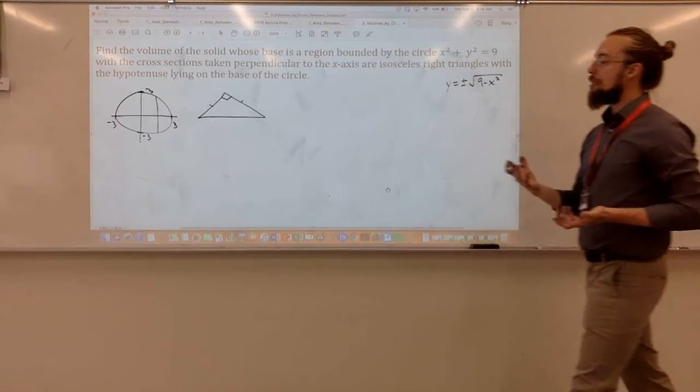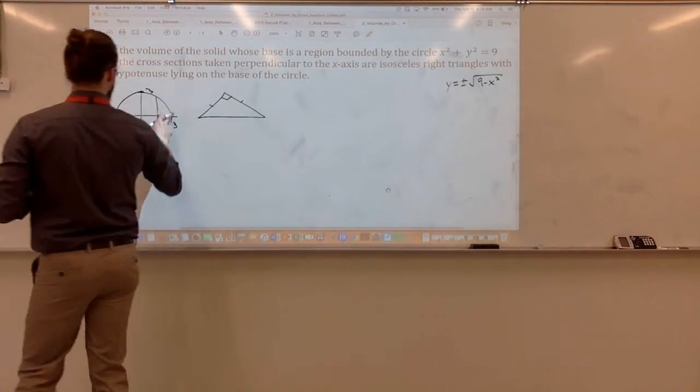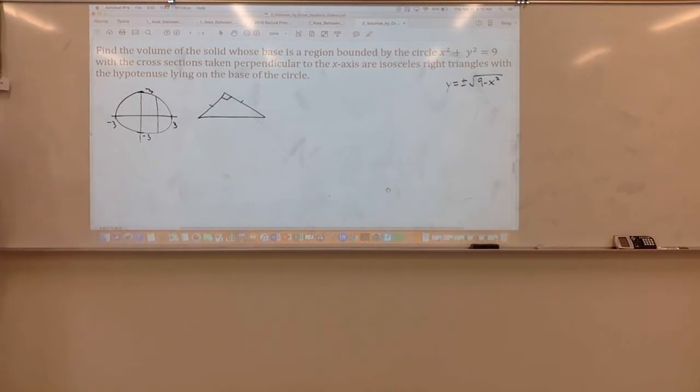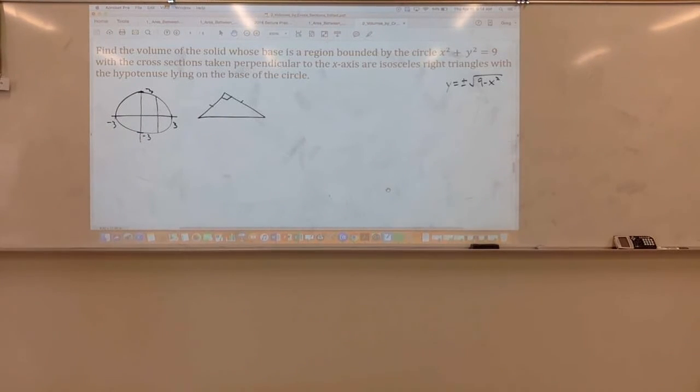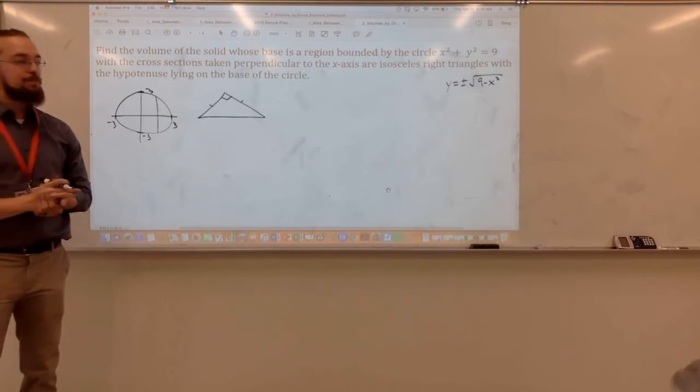So what we're looking at here is this top semicircle is the positive root, and this bottom semicircle is the negative root. Right? We're thinking about this in terms of an actual function.